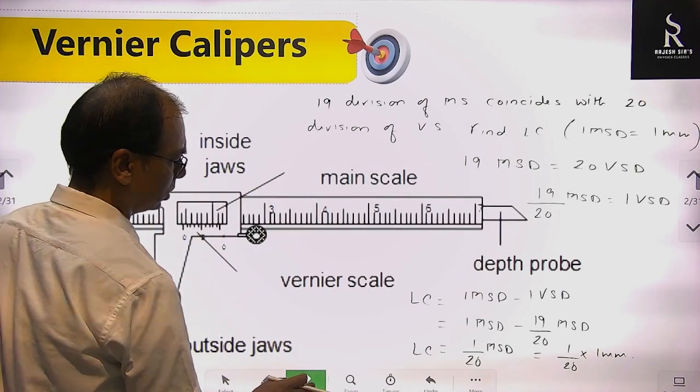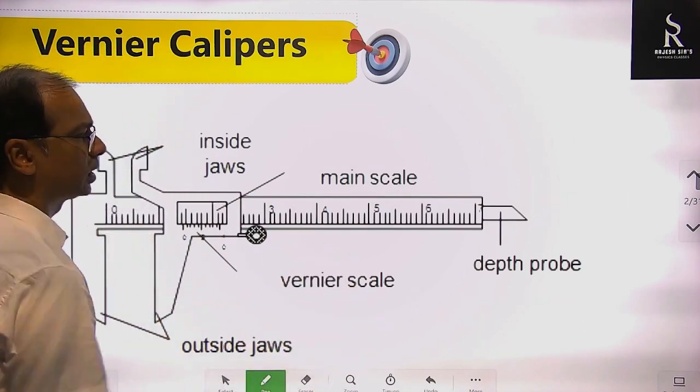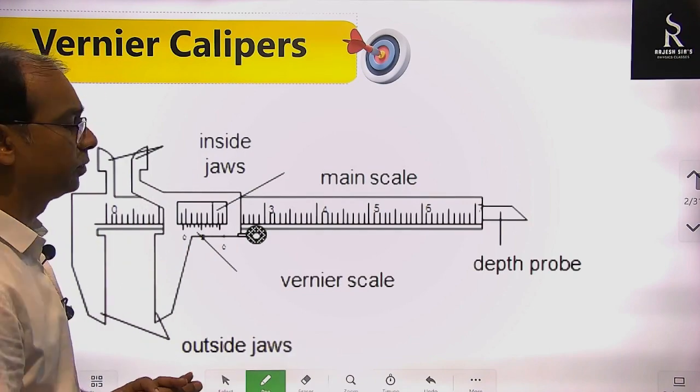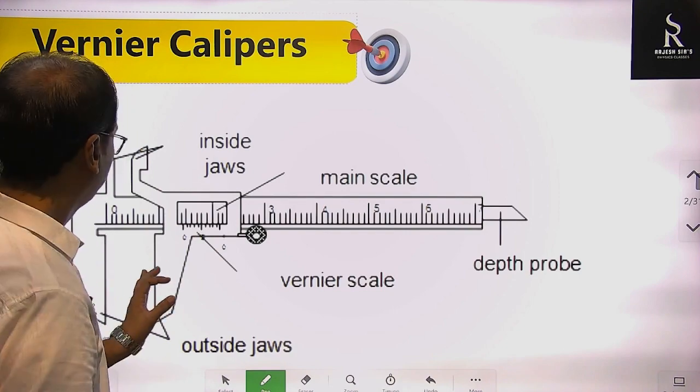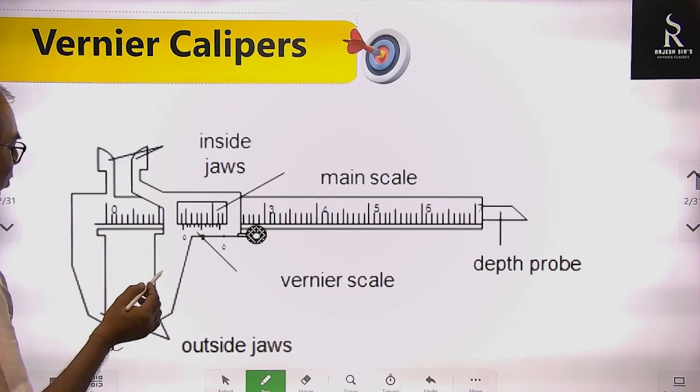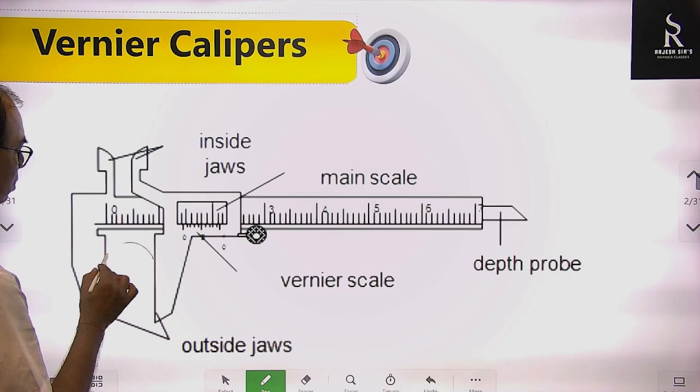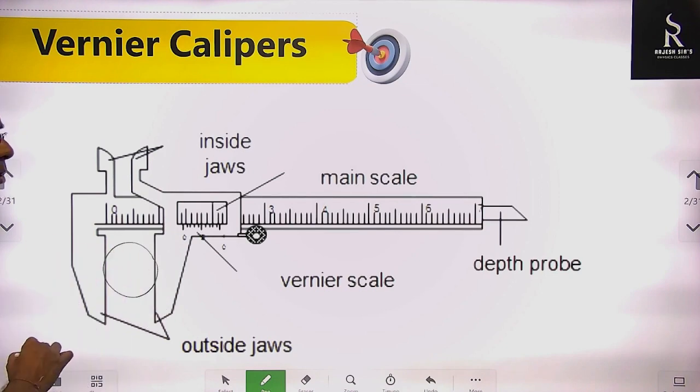Let's come to this one. How to measure? If vernier calipers is shown to us, and it is asked what is the reading of the vernier scale, how to do it? With this vernier scale, we measure the diameters of balls.